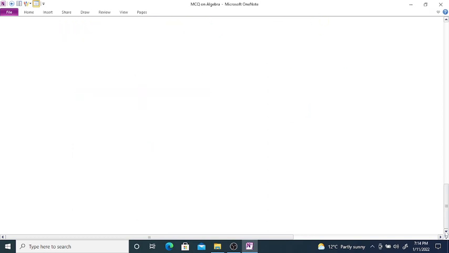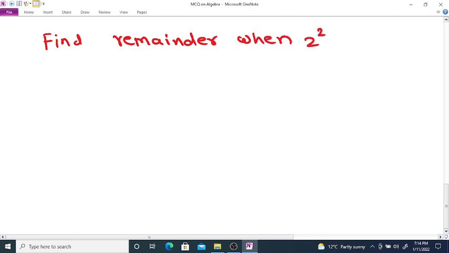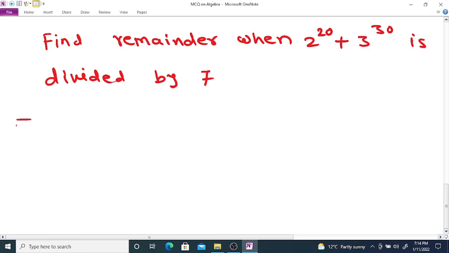Now next, find the remainder when 2 raised to 20 plus 3 raised to 30 is divided by 7. So we want to determine what the remainder is.